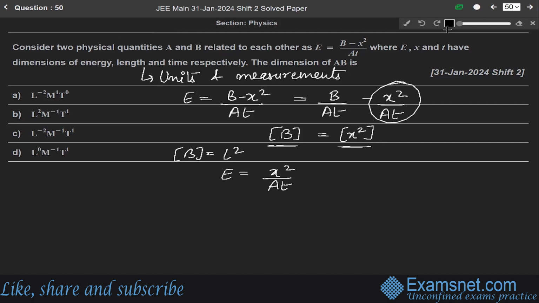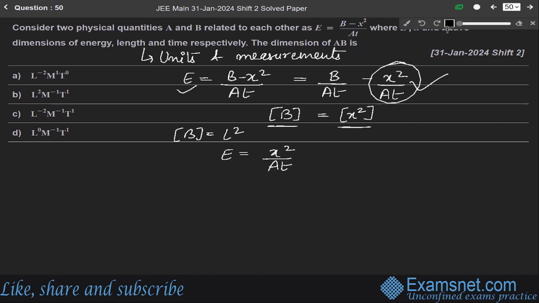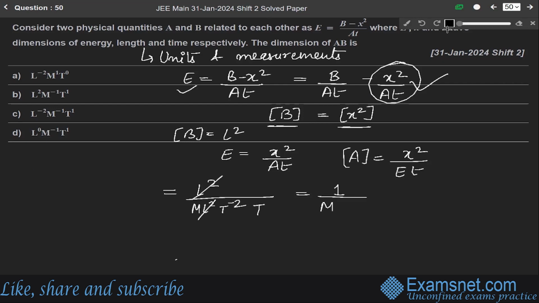From this, whatever be the dimension of this will be the dimension of E. So from here the dimension of A will be equal to x square over E into T. So dimension of x square is what? L square. Dimension of E is what? M L square T minus 2, and dimension of T is T. So from this we have L square cancels. So we have 1 over M T minus 1, means M minus 1 T.